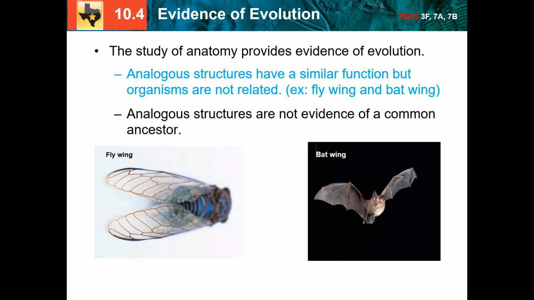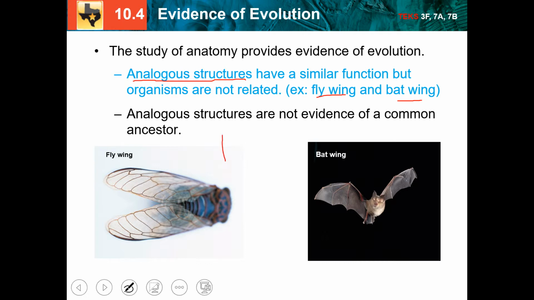And then the opposite of a homologous structure is going to be an analogous structure. If you make an analogy, you're comparing two different things, but making a connection between them. It would be literally what I just did. I made an analogy of an analogous structure. It's kind of ironic. If you didn't get that, then story of my life. But anyways, you've got a fly wing here and a bat wing. They're both wings.